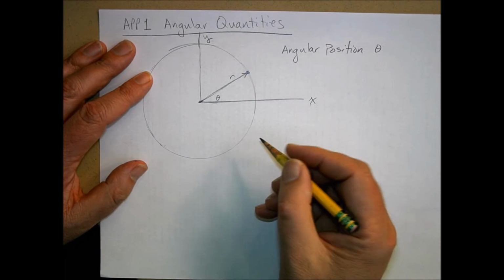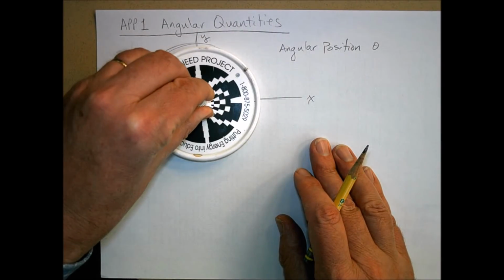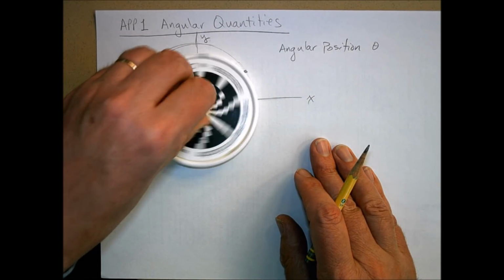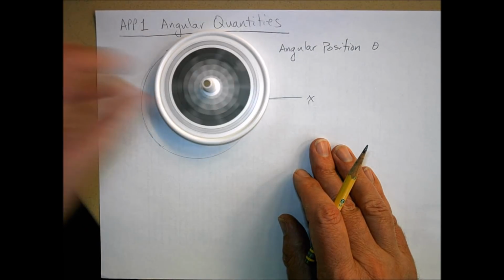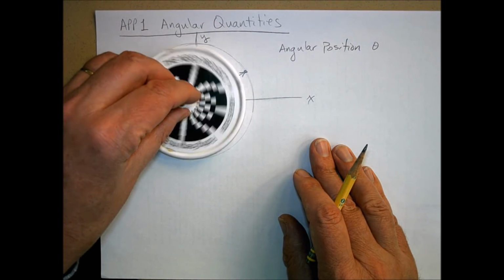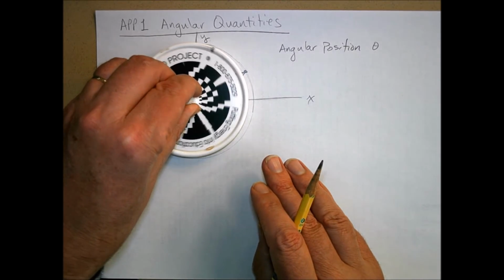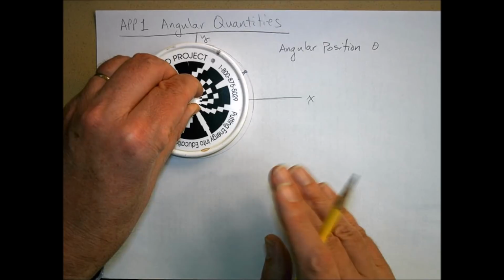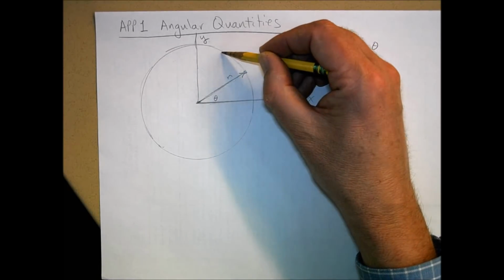Now, let's say it was right here to begin with, but then it's spinning. This object is going to be spinning. Let's say we look at it over a short period of time. So this is the initial angular position, but then we wait a tenth of a second or something and notice that it's right there. So we have a new position.